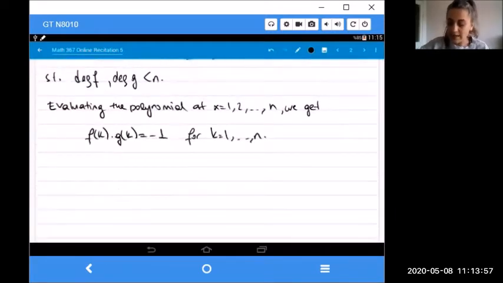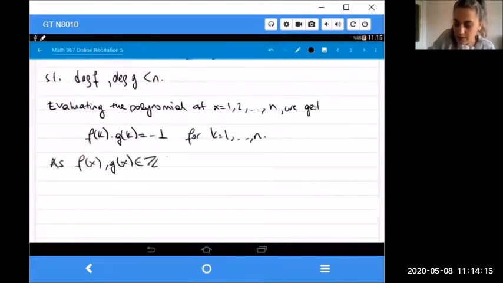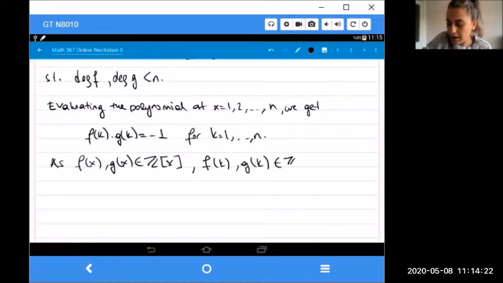Now, since f and g are polynomials whose coefficients are integers, those values f of k and g of k are all integers. Let us note it down: as f of x and g of x are in Z of x, f of k and g of k are integers. This means that we have a product of two integers equal to minus 1.